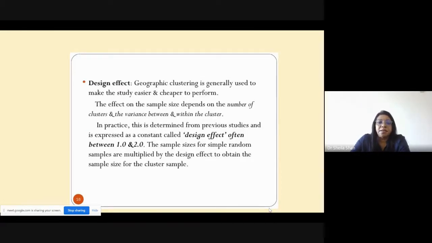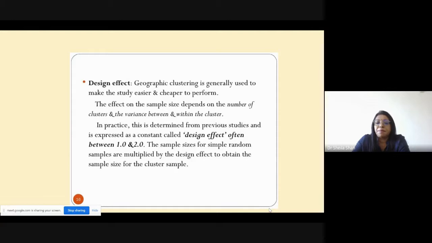Design effect. Geographical clustering is generally used to make the study easier. Just like when you do a study in your PIDC, it's easier when you take all the patients that come to the PIDC instead of taking all the dental hospitals in Penang. Right? It's cheaper and easier to do.